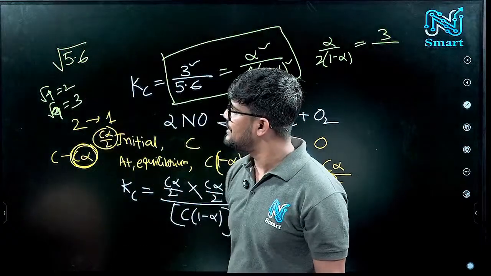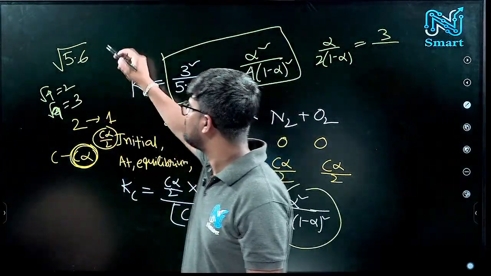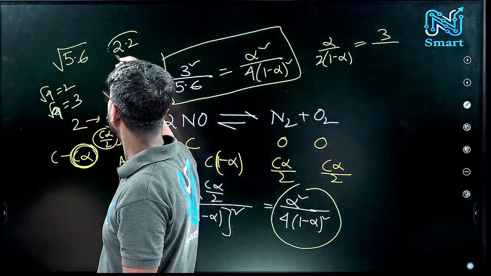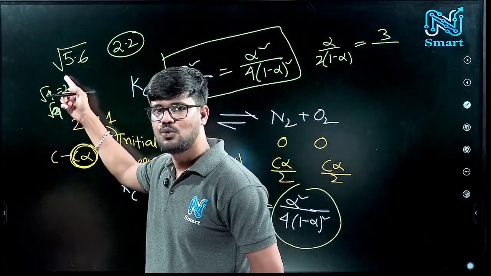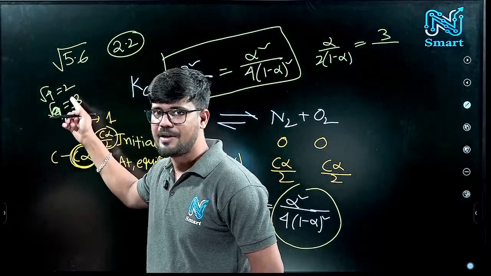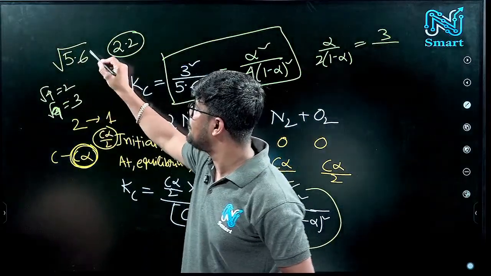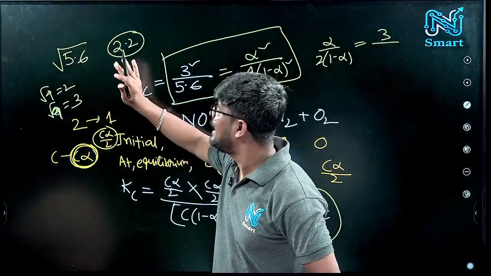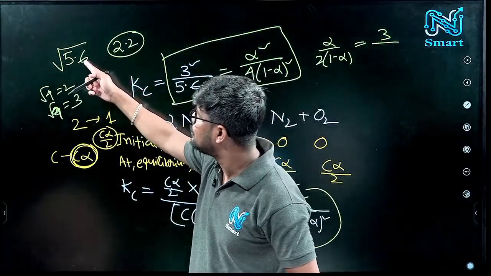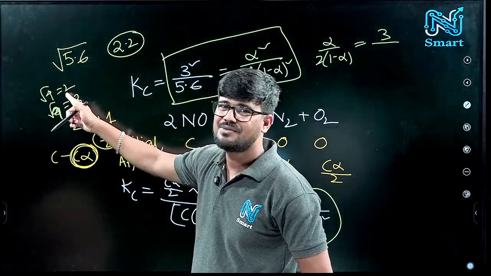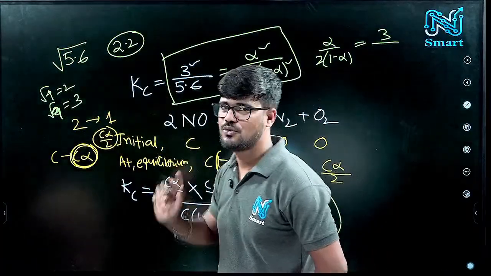Now this 5.6 is in between 4 and 9, correct? So root 5.6 must be in between 2 and 3. Since this value is closer to 4, I am just writing 2.2, any random value closer to 2.